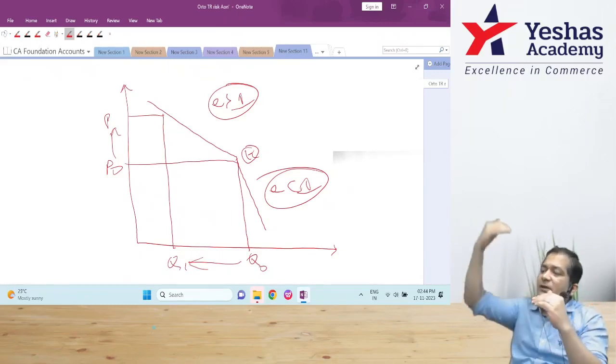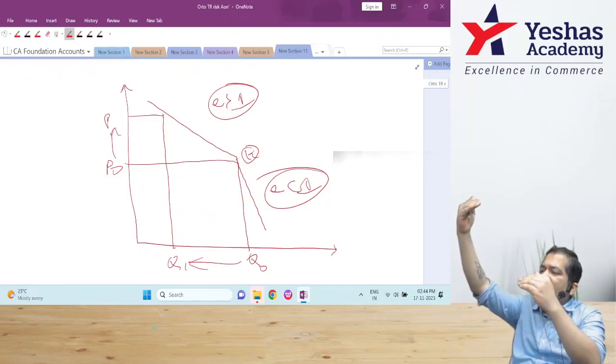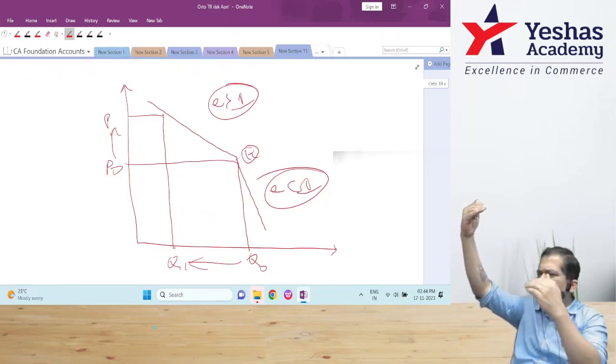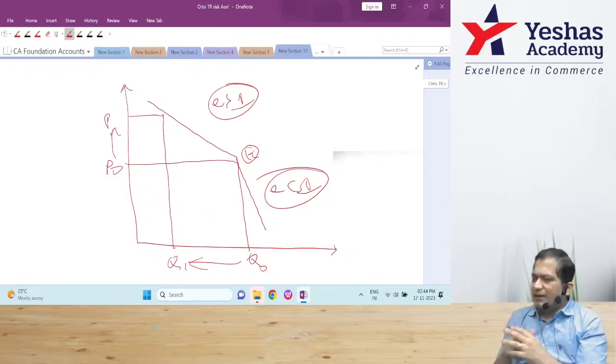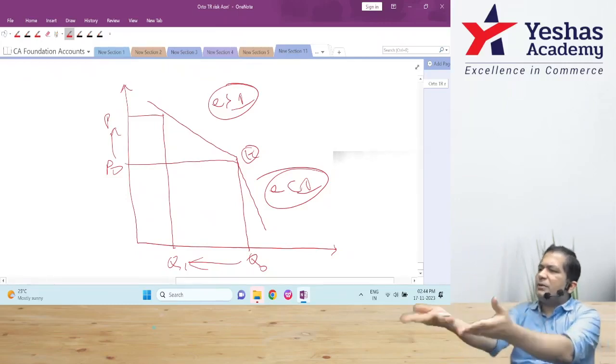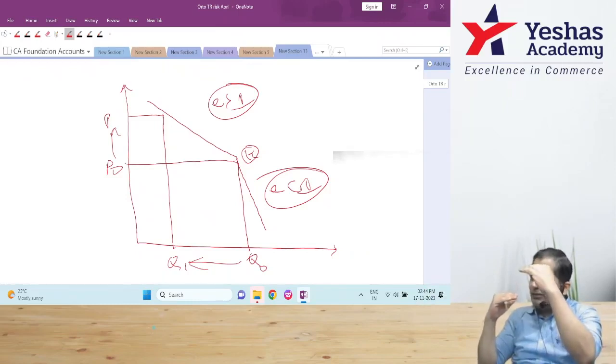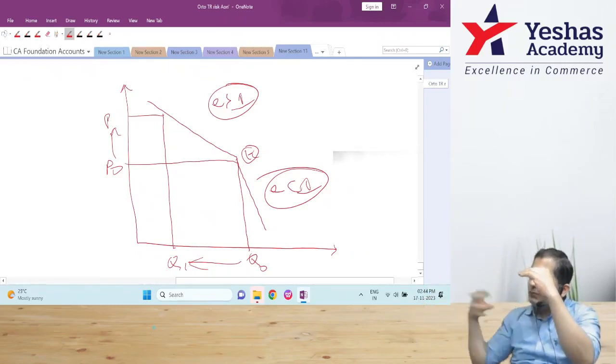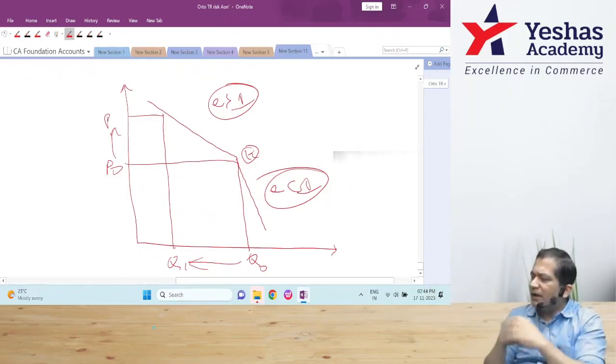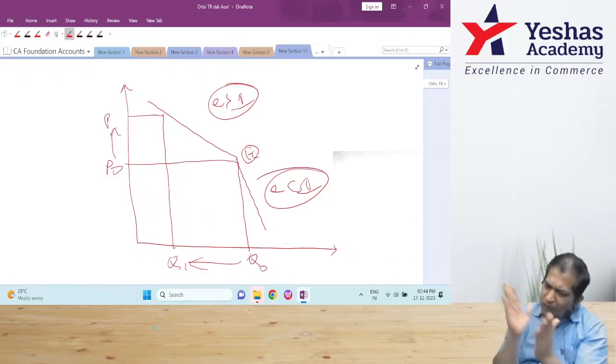If I increase the price by 20%, others may increase it by 5%, 7%, 8%. They will increase or they may not increase. They will not follow the same price increase. Why? They are benefited, no? I increased, my customer will run to you. And due to this price differential for very similar commodity, consumers become very volatile. Consumers in large numbers will move from me and they will start buying your product. So my demand for my product will fall sharply.